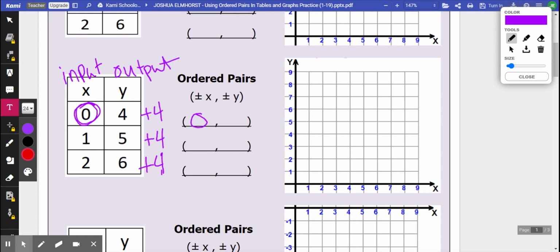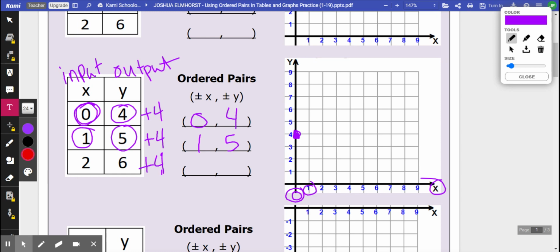So when x is 0, y is 4. When x is 0, we're going to go over here, and then we go up to y is 4. So we're actually starting at the y-axis, starting up at 4. When x is 1, y is 5 in our ordered pair.